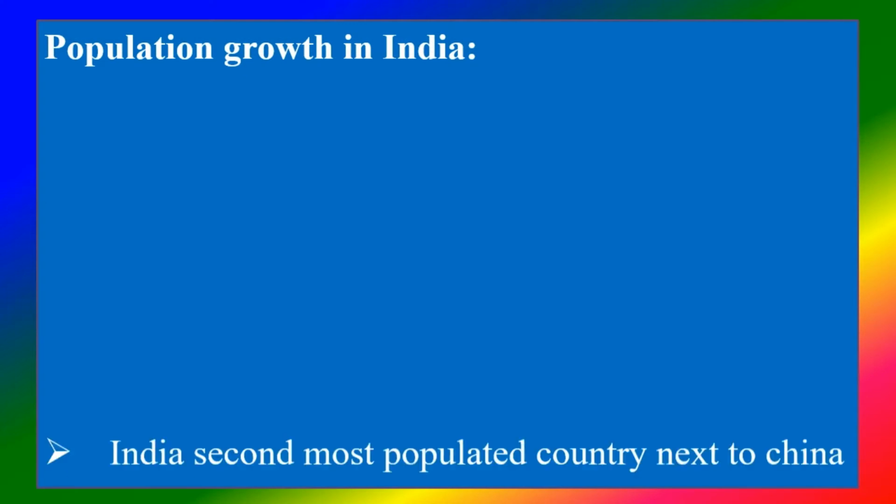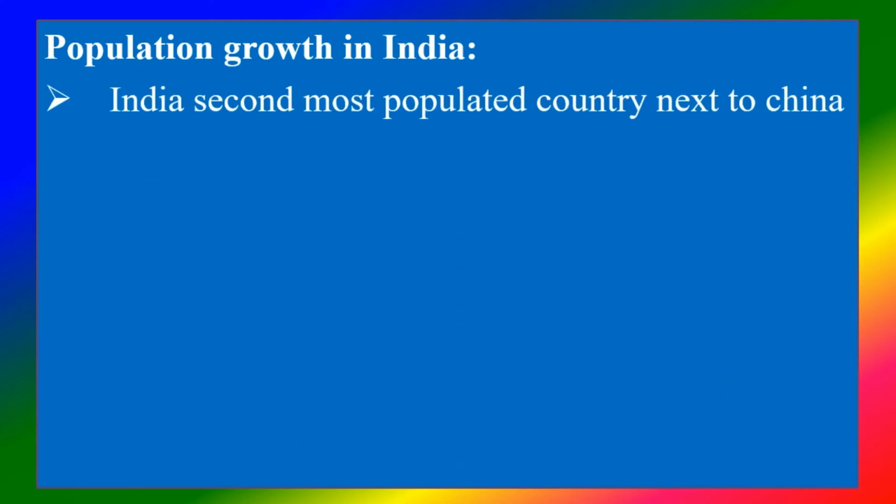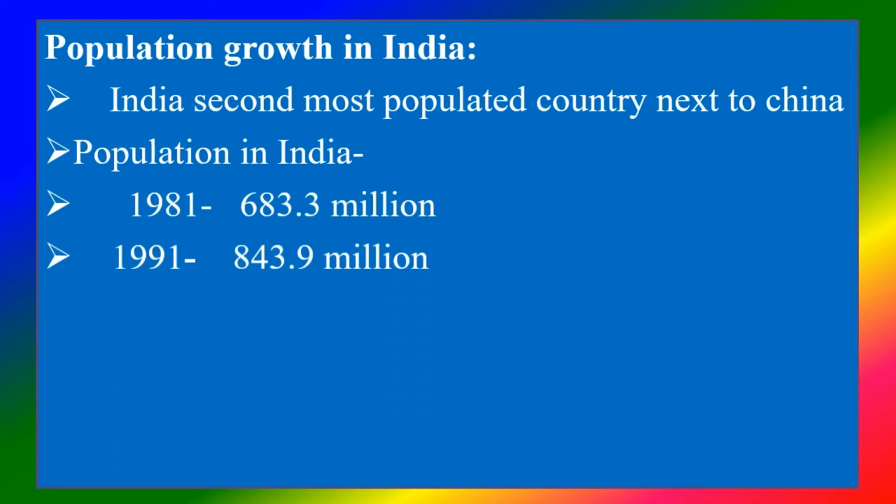Population growth in India. India is the second most populated country, next to China. Population in India, according to the 1981 census, was 683.3 million.